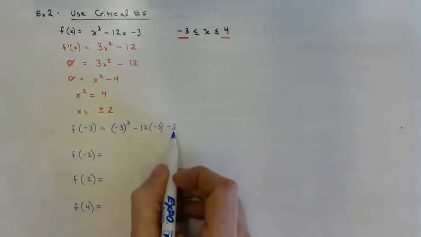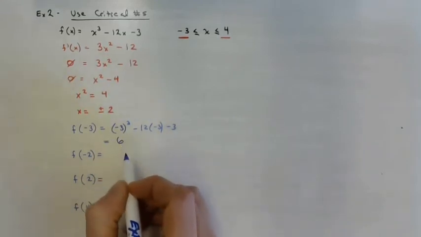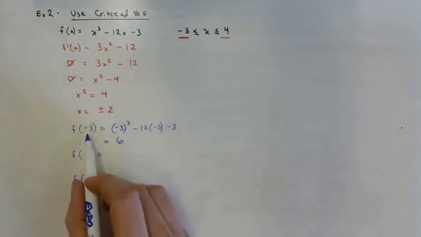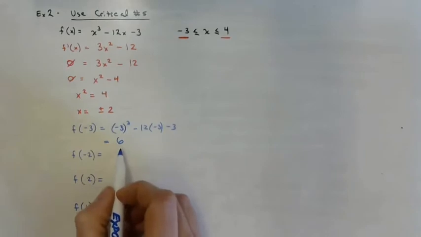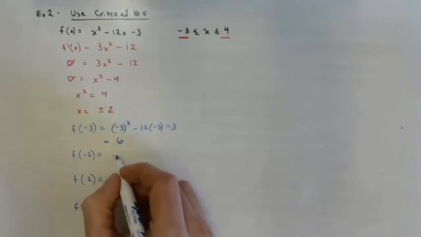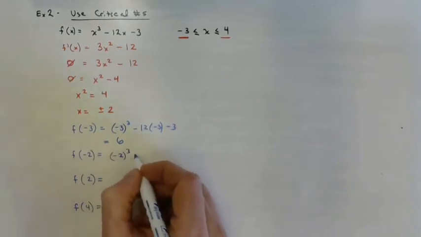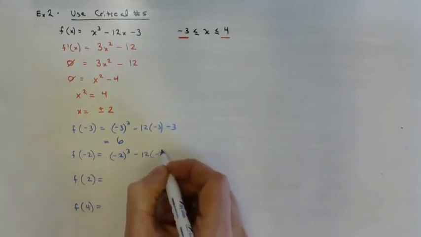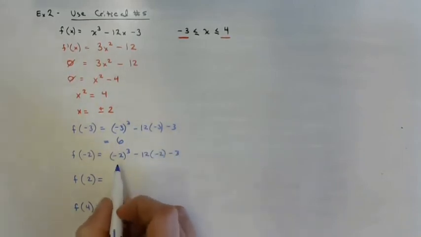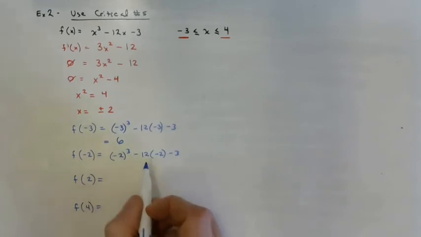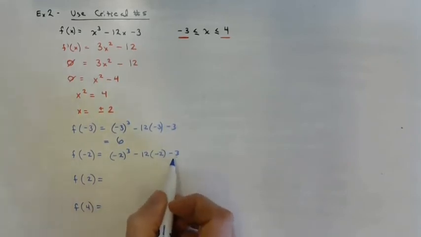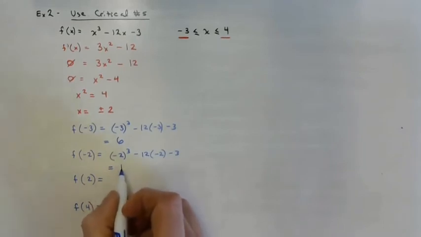Minus 3 is going to get us 6. Okay, so the value of the function at x equals negative 3 is 6. Sub negative 2 in there, we get negative 2 cubed minus 12 times negative 2 minus 3. That gives us negative 8 plus 24. That's going to be 16. Minus 3 is 13.